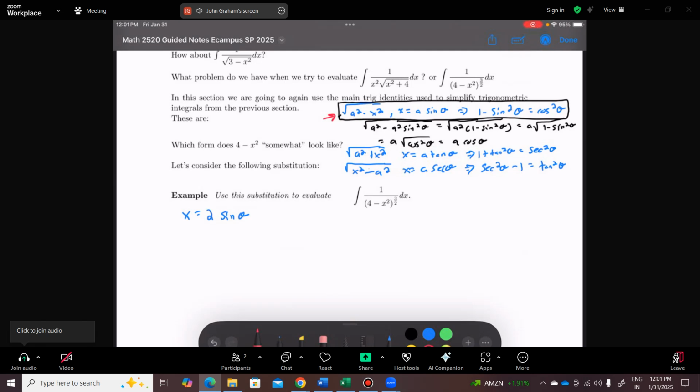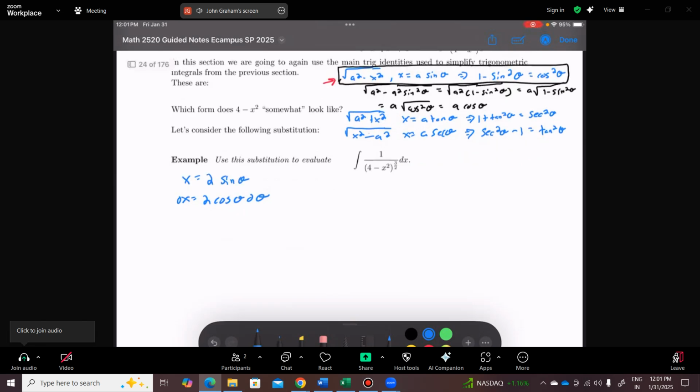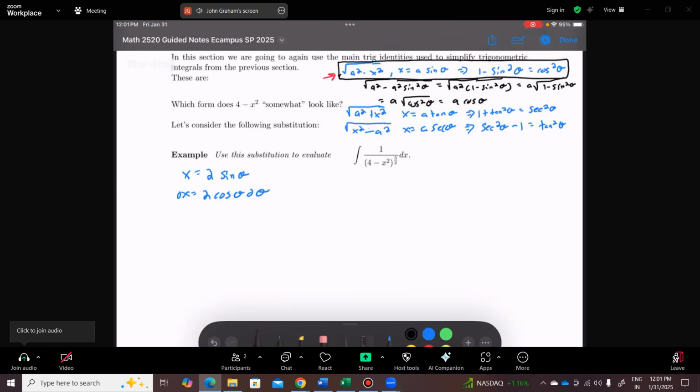And so we can then take the derivative of this, so dx equals 2 cosine theta d theta. And then we can plug in what we have for our integral now.